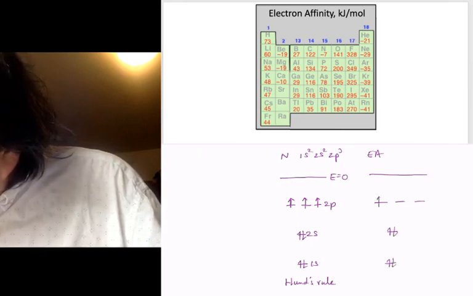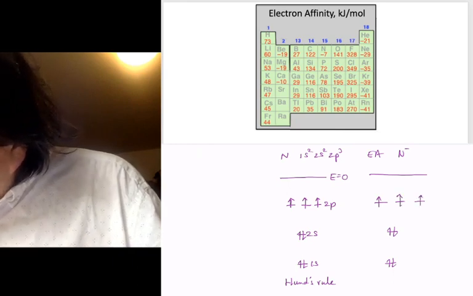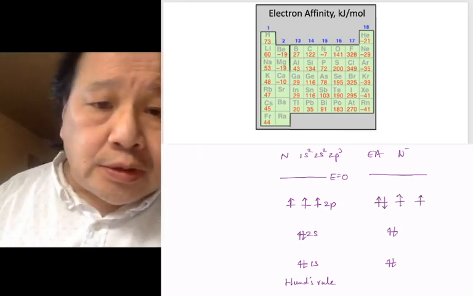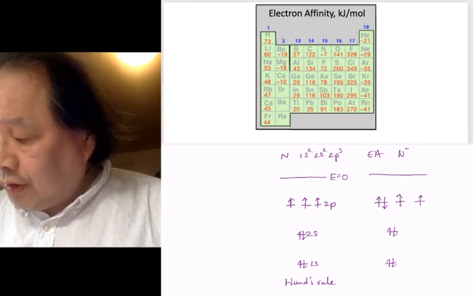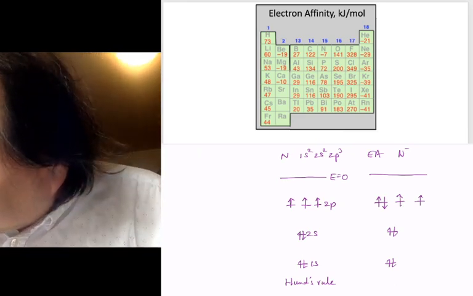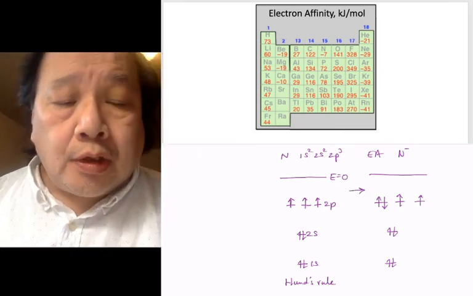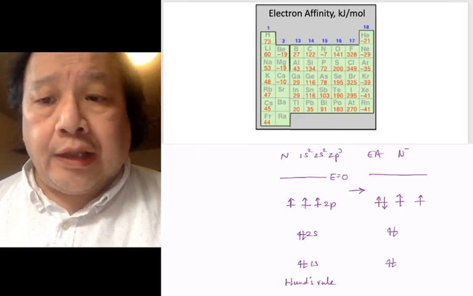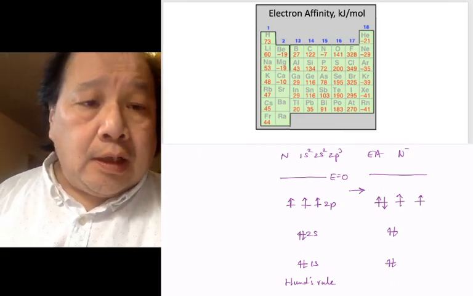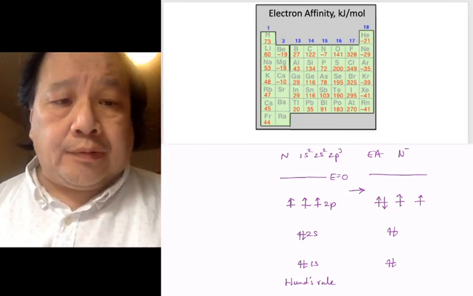So this is nitrogen minus. When I add an electron, because of the Pauli exclusion principle, the next electron has to go down spin, so the 4 quantum numbers are different. And when I go in this direction, you see that we've had to add an electron to an atomic orbital which already has an electron, and that therefore will make it, is that energetically favorable or unfavorable?